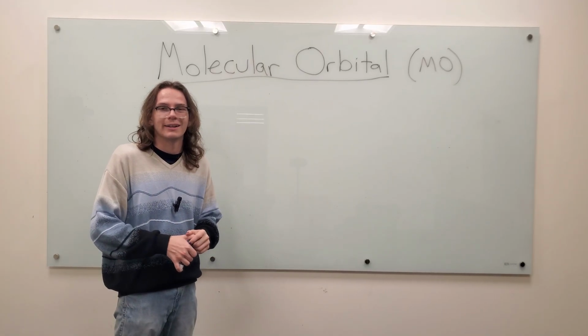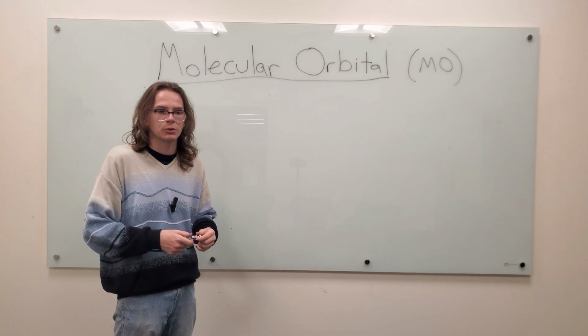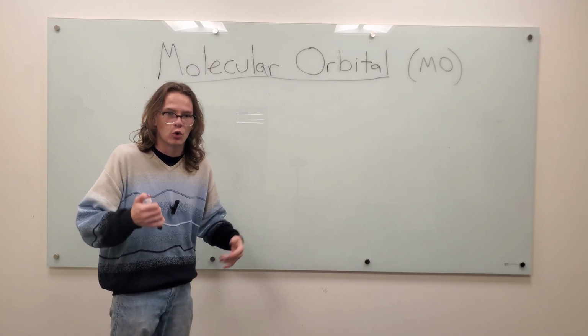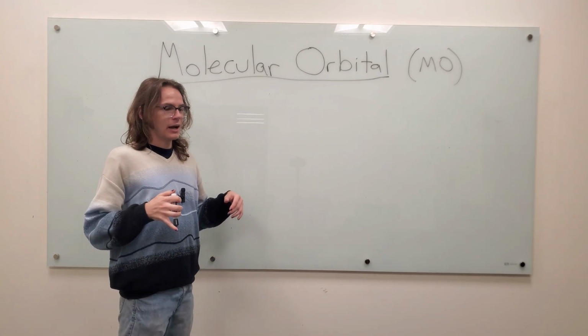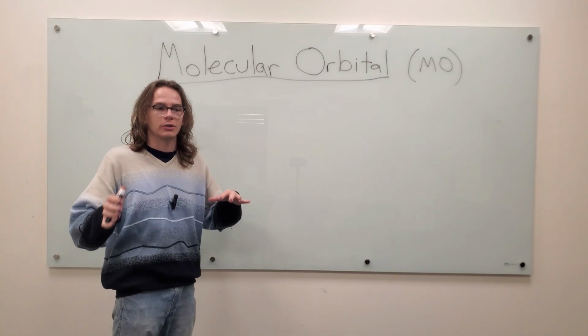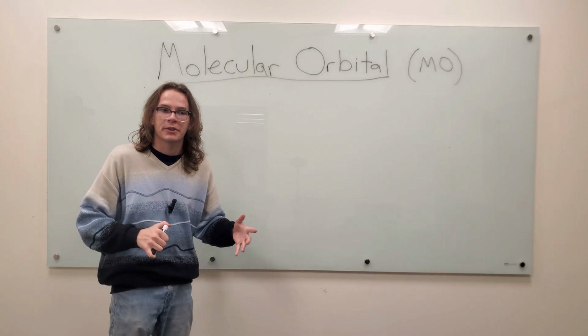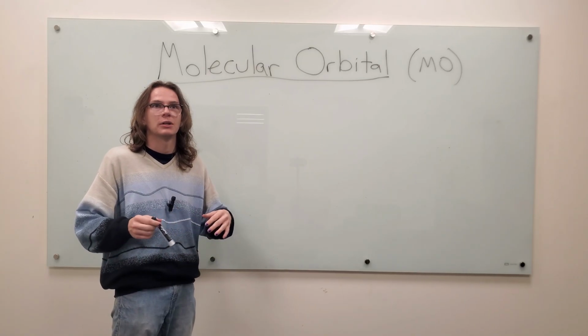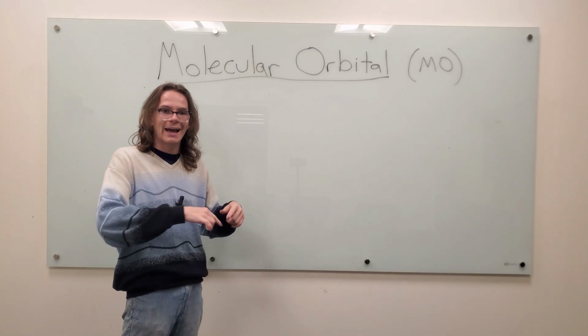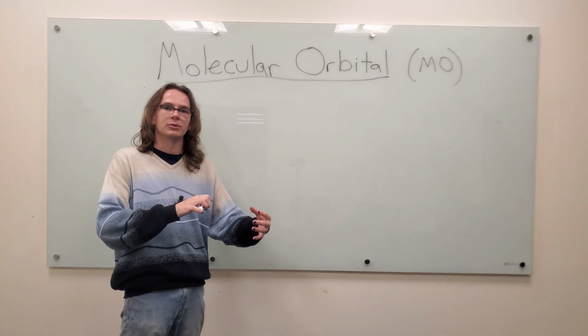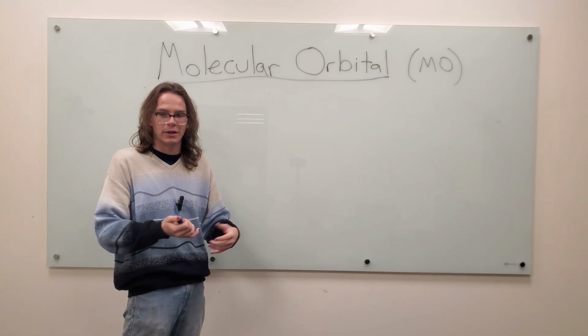We'll call it a linear combination of atomic orbitals to form a molecular orbital. That is to say, how electrons are distributed around the entire molecule, whereas valence bond theory described how electrons are distributed around an atom and how those orbitals combine for bonding.